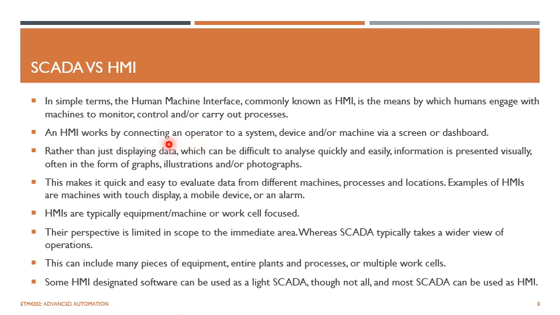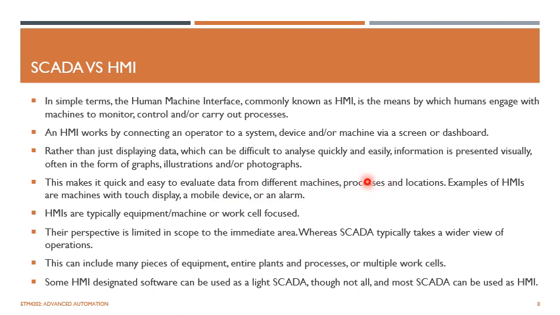In that case, the HMI reduces that burden, because you can put switches and output indicators on the HMI itself, reducing the need for a large number of inputs and outputs, where the operator can feed and get the data from a PLC. So from the HMI, it is quick and easy to evaluate the data from different machines, processes, and locations.